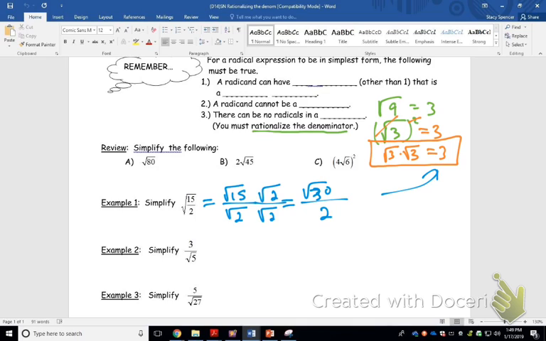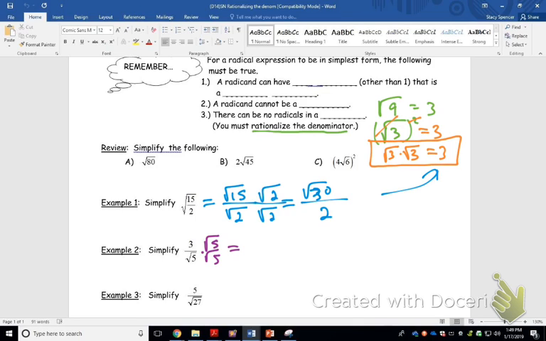Okay, let's look at our second example. We have 3 over the square root of 5. We cannot have that radical in the denominator, so we're going to use our process to get rid of it. What am I going to multiply with this fraction? The square root of 5. And remember, what you do in the denominator, you also do in the numerator.